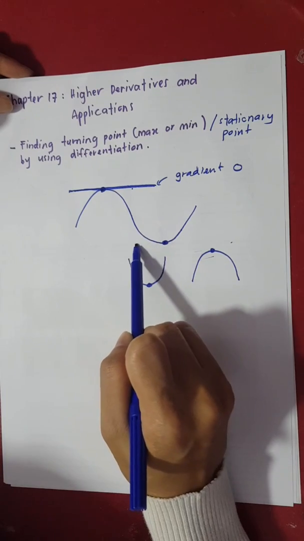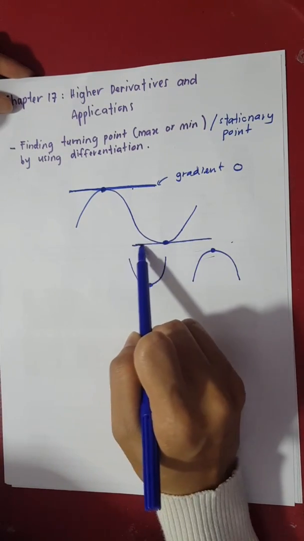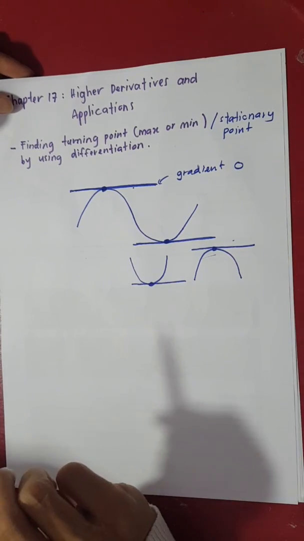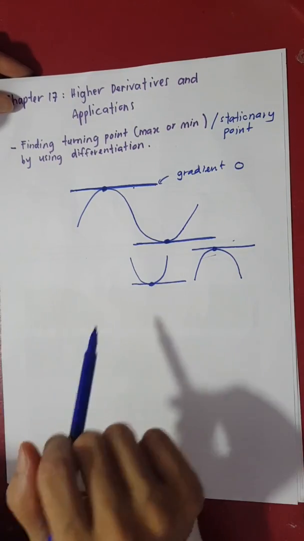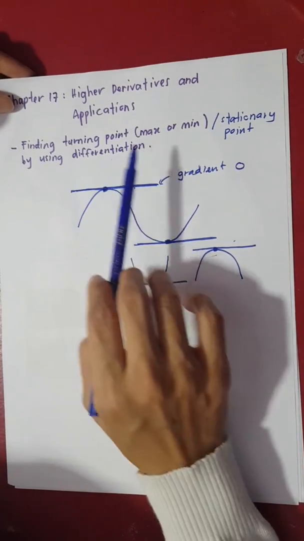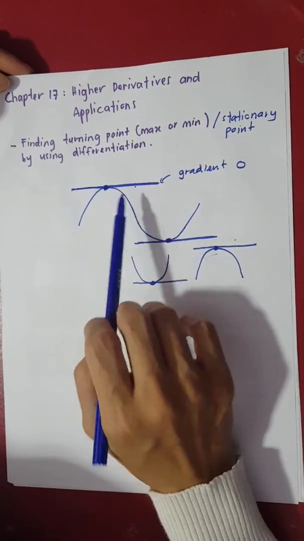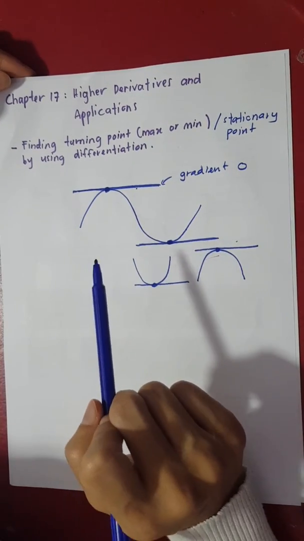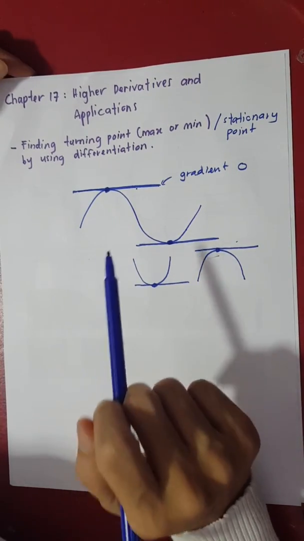Same goes to here. Your turning point always lies on horizontal line, right? So I hope you get some point here. So to find turning point, you differentiate the equation of your curve, make it equal to 0, and solve it to find your x coordinate.